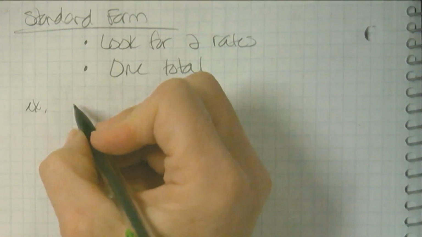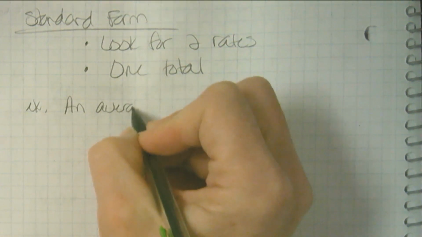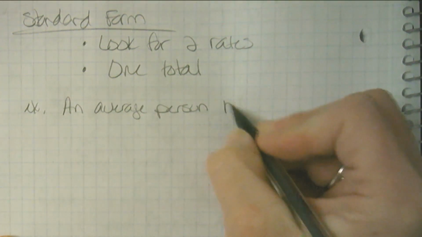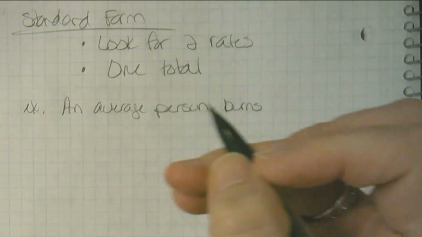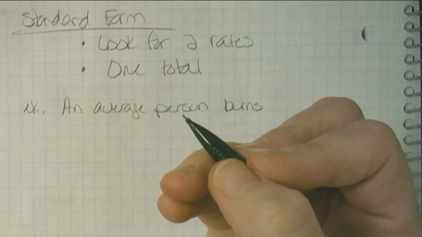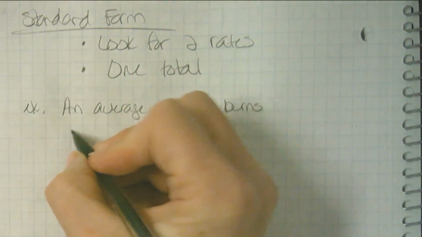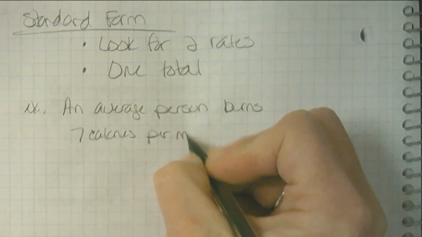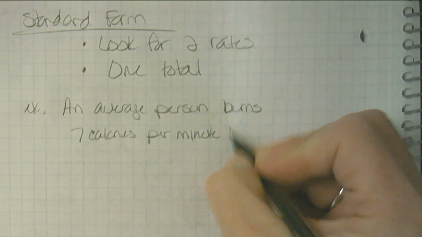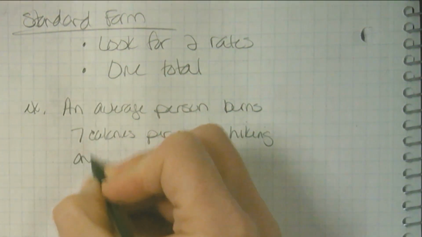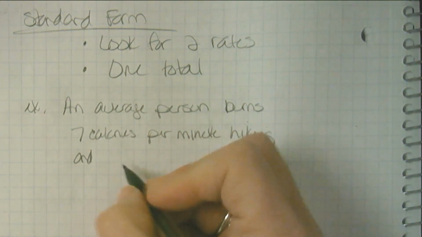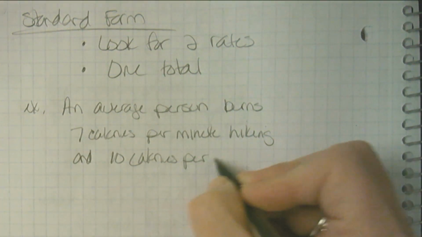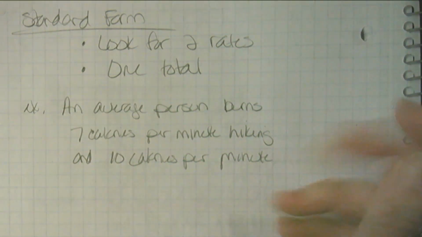So let's say we have an average person burns 7 calories per minute hiking, and 10 calories per minute biking.